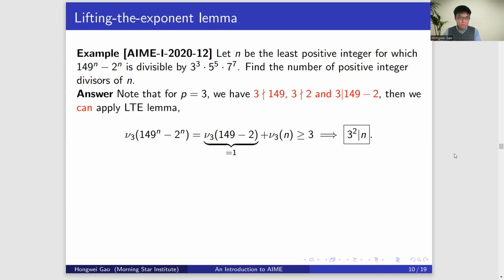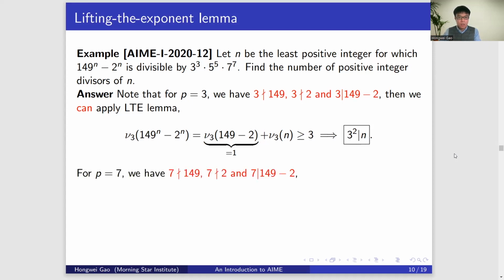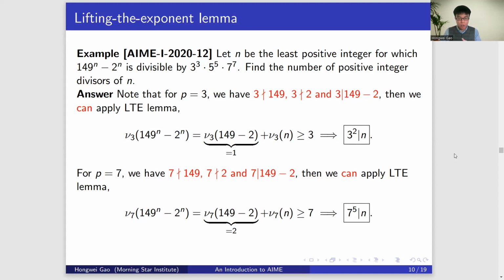Next, let's discuss 7. The argument is pretty much the same. Now, 149 is not divisible by 7, and 2 is not divisible by 7. But their difference, 149 minus 2, is divisible by 7. So we can apply this lemma. Here's its expression.